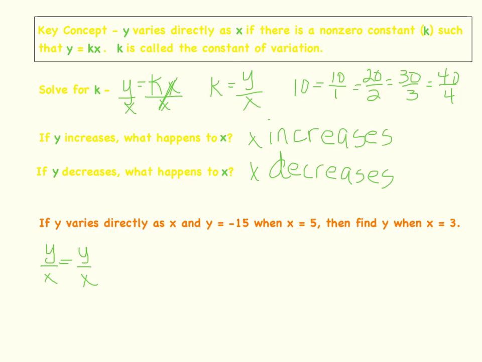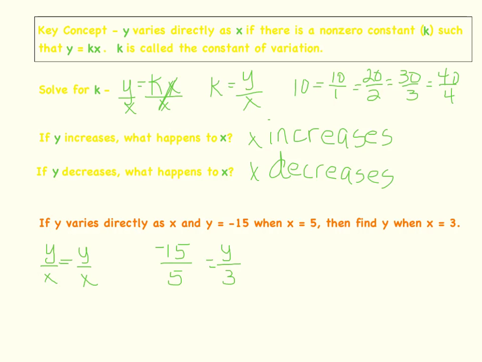So let's start plugging in our numbers. Our first y is negative 15 when x is 5. We will set that equal to, and it says find y, so we don't know y, we'll put it in the numerator there, when x equals 3.